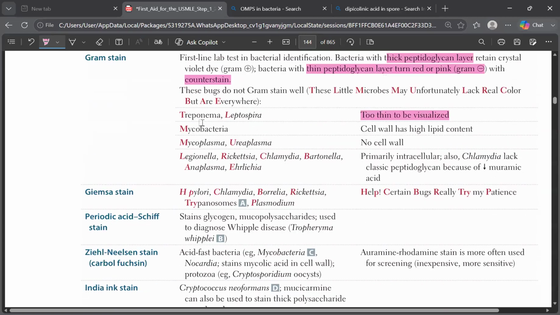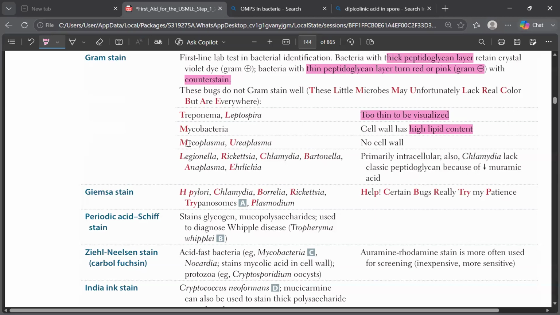Mycobacteria have a cell wall with high lipid content. This is highly repeated, that mycobacteria have a high lipid content, and that is why they usually take an acid-fast stain and not our usual gram stains. So these are Treponema, Leptospira, and mycobacteria.